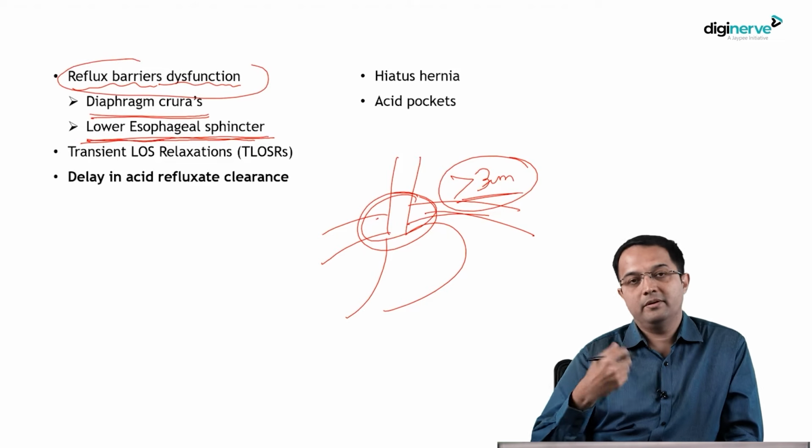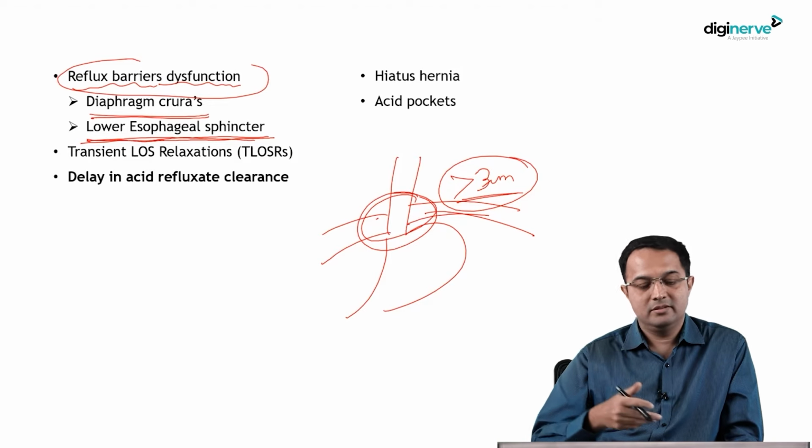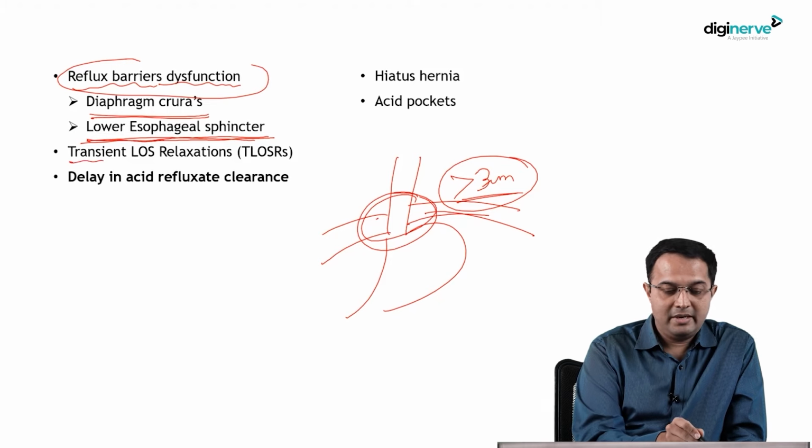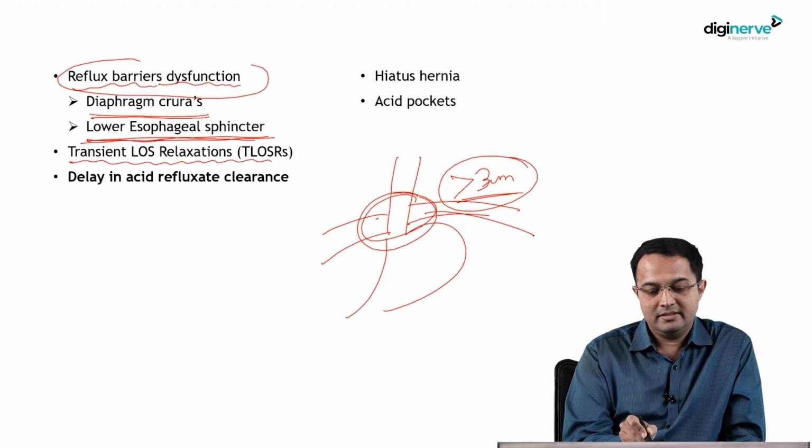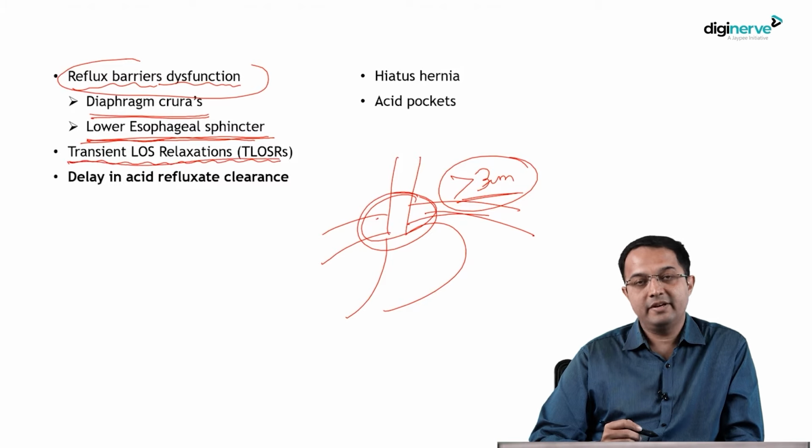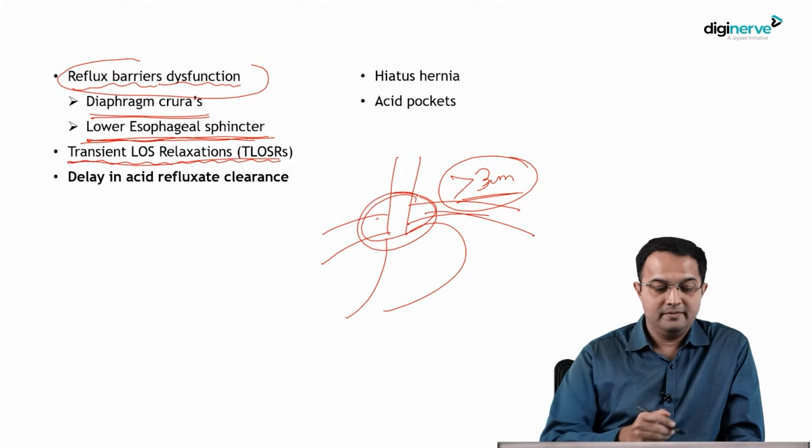During routine activities we swallow some air, and there is a mechanism in the body so that you belch sometimes, like with small kids, you burp them. In adults also we sometimes belch, and that is facilitated by transient LOS relaxations. If these relaxations happen very frequently, then the gastric secretions are going to reflux into the esophagus.